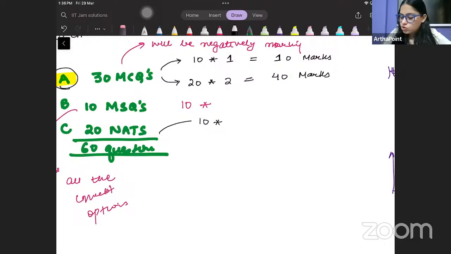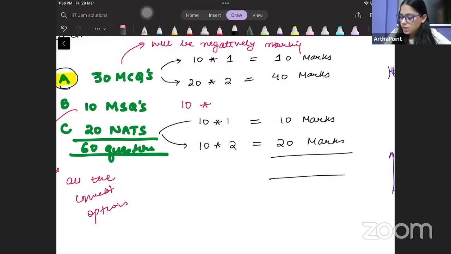So 10 NAT questions will be of 1 mark each, completing to 10 marks. And the remaining 10 NAT questions will be of 2 marks each, completing to 20 marks. Right? So if you just see this, it is going to come to a 100 marks paper.